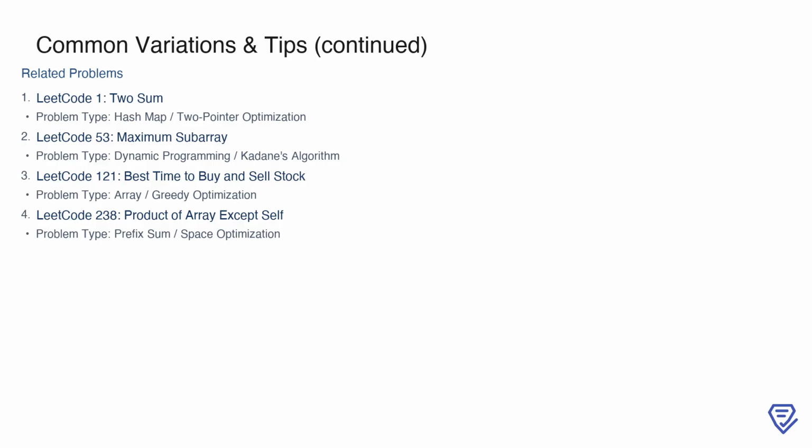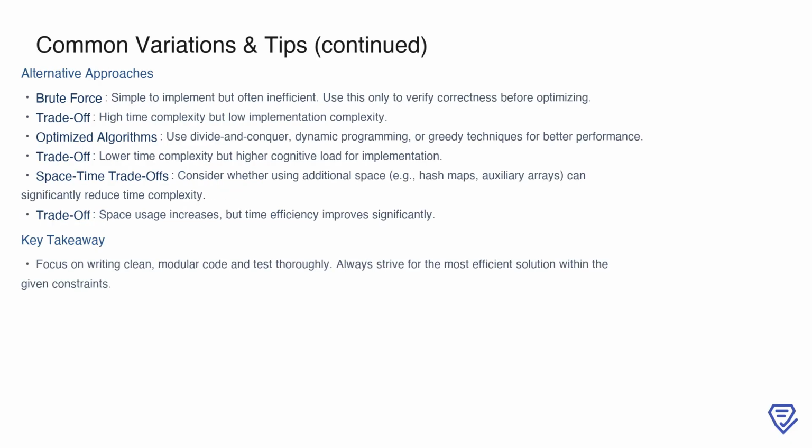Finally, LeetCode 238, Product of Array Except Self, leverages prefix sums and space optimization to solve a challenging problem efficiently. By practicing problems like these, you'll start to recognize common approaches and strategies that can be adapted to new scenarios.